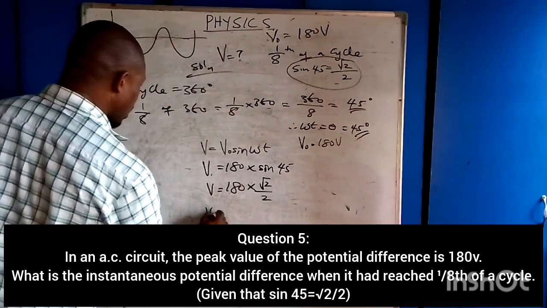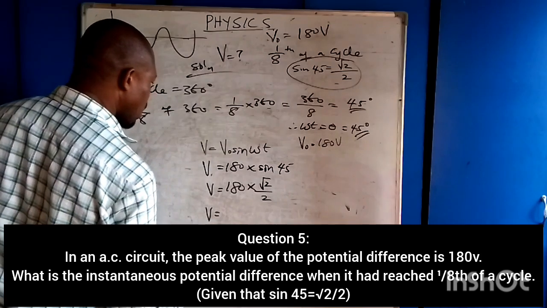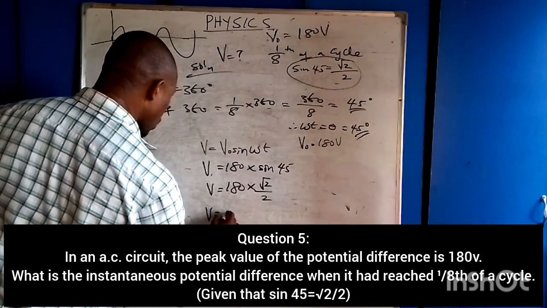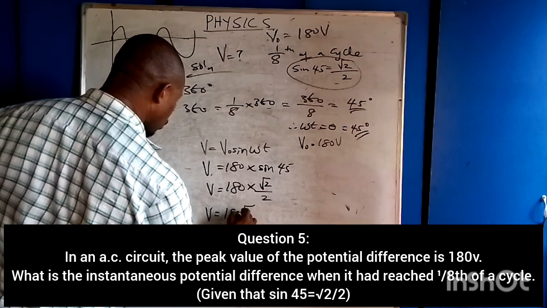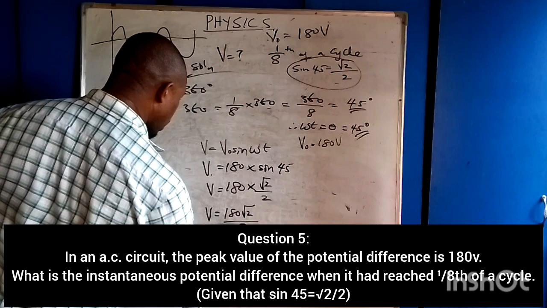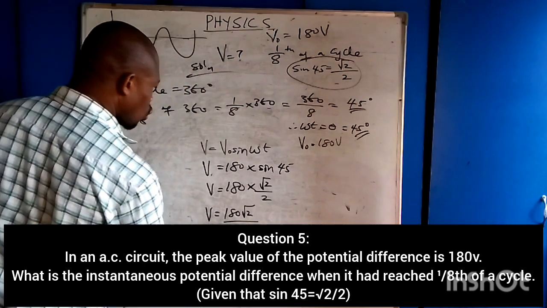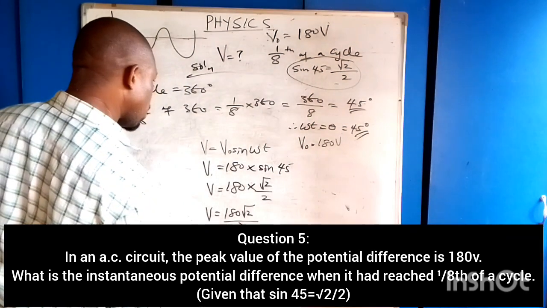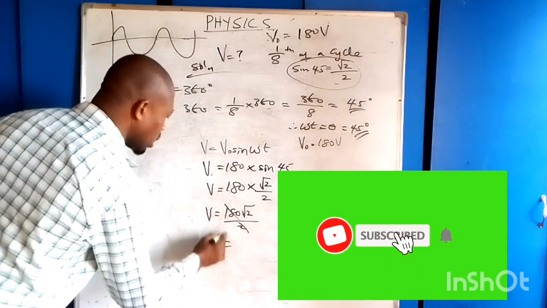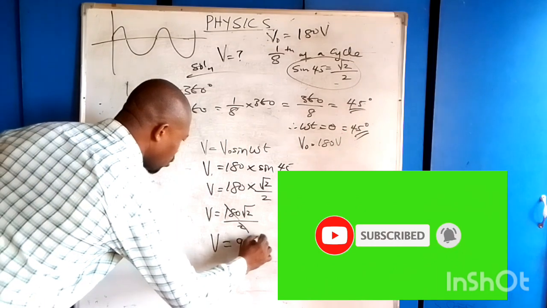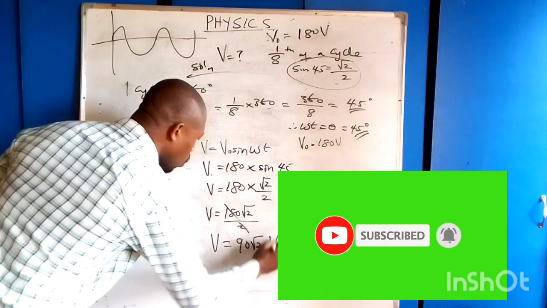We now have that V is 180 root 2 all over 2. And of course, 2 can cancel to give us that V is 90 root 2 volts.